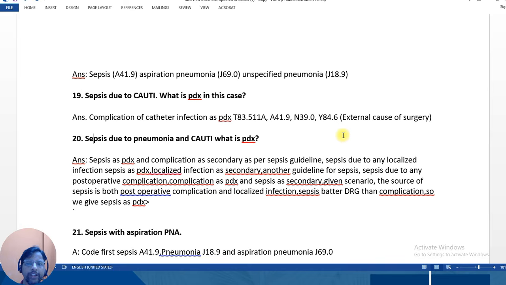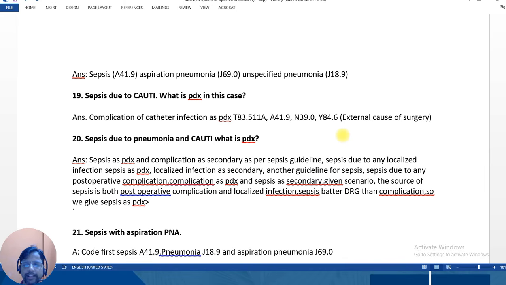So, sepsis due to pneumonia and CAUTI. What is the PDX in this situation? Here we need to code sepsis as PDX and the complication as secondary. As per the sepsis guideline, for sepsis due to any localized infection, sepsis is PDX and the localized infection is secondary.